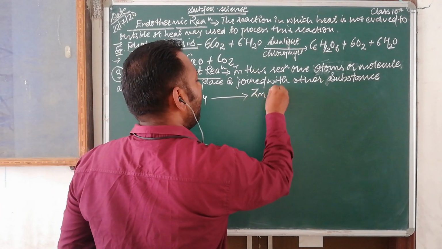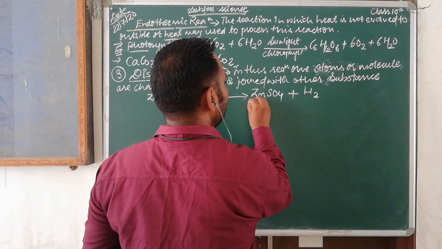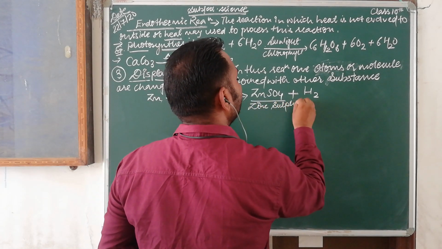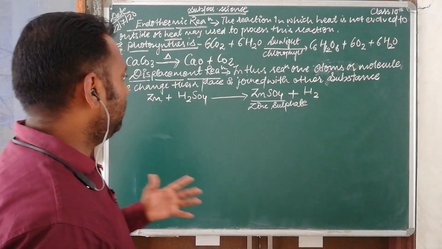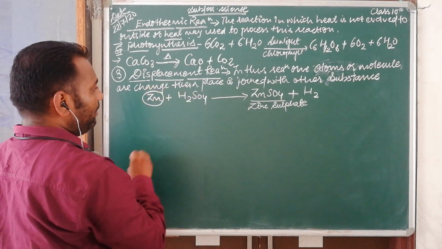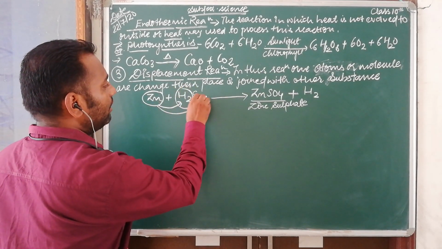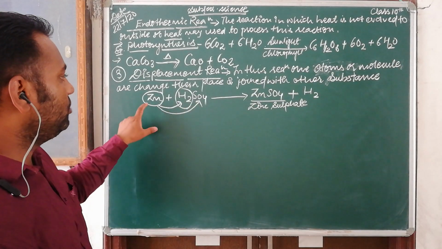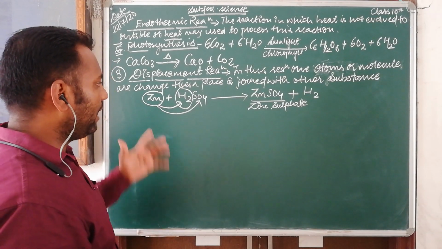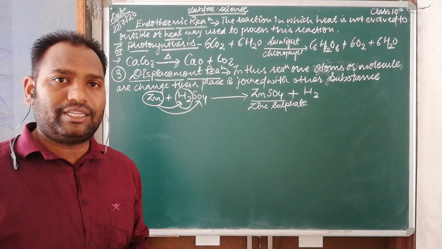Then ZnSO4, the salt, and H2 gas will be liberated. So zinc is able to displace H2 from here and form zinc sulfate, and H2 gas is liberated. Those which can displace others are higher in the reactivity series or activity series.